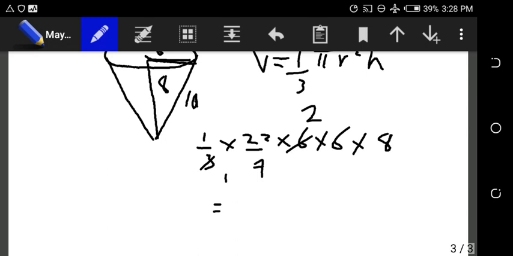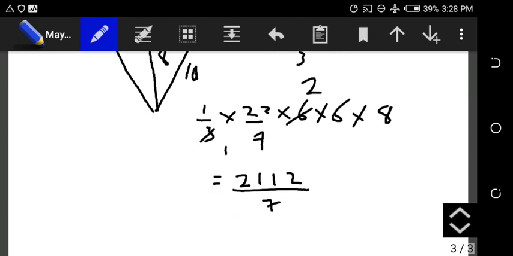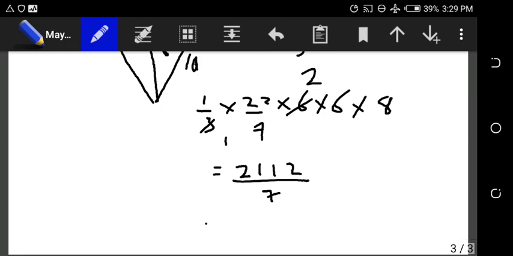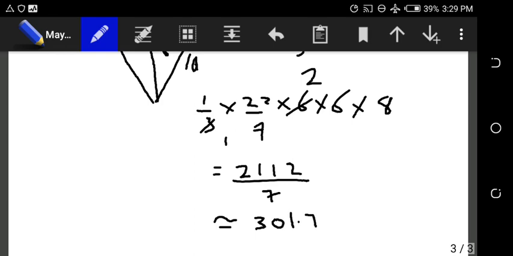That will give us 2112/7. Now 2112 divided by 7, approximately, that will give us 301.7 cm cube.